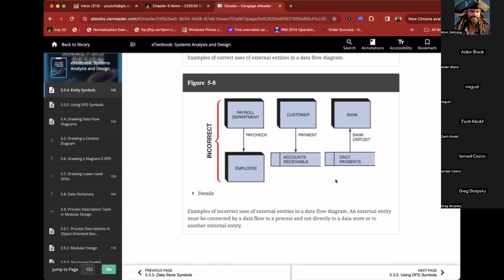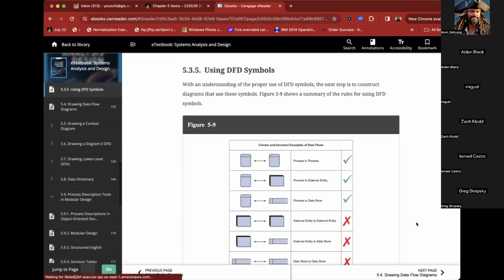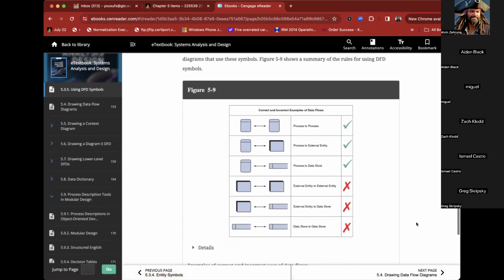And out of the four symbols, the rules are on how many symbols? Three. Data store has rules, process has rules, and external entity has rules. Arrow is the only one that doesn't have any rules because it makes everything work.